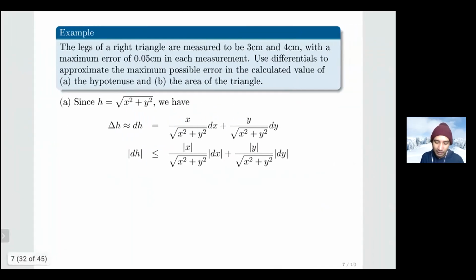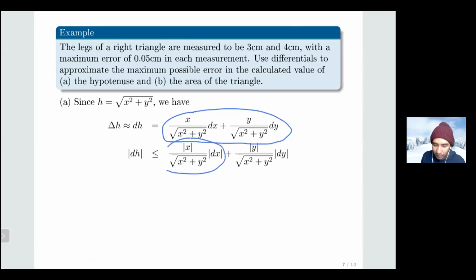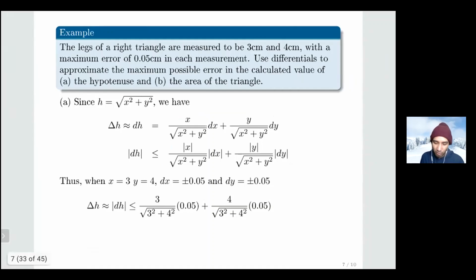So, kapag tinignan natin yung absolute value of DH, okay, by triangle inequality, less than or equal yan sa absolute value ng part na ito. No? So, less than or equal siya sa absolute value ng first term plus the absolute value of the second term. That's triangle inequality.